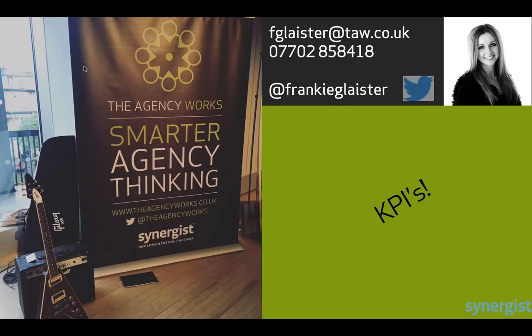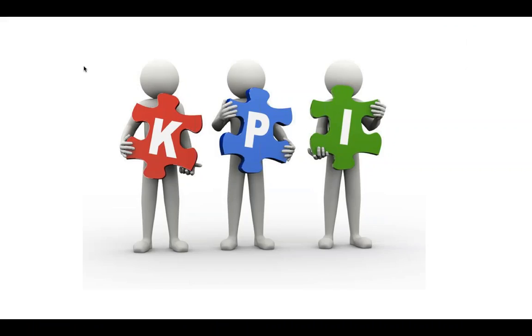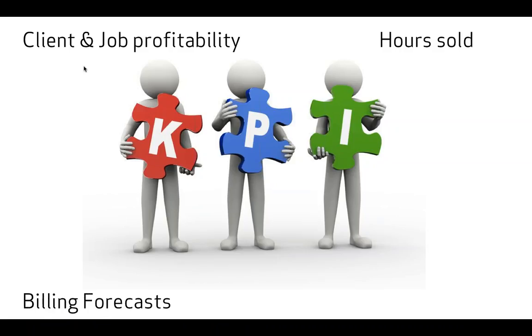So, today's topics that we will be looking into are client and job profitability, hours sold, billing forecasts, and staff utilization. Now, the reason that I'm focusing on these four particular areas, we could look at a number of different key performance indicators in which agencies are hoping to gain visibility on.